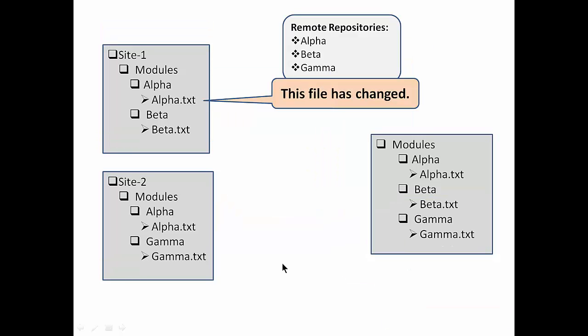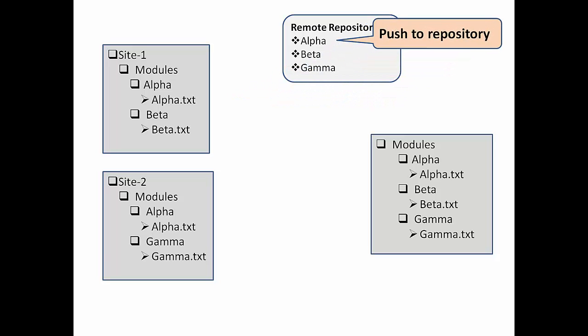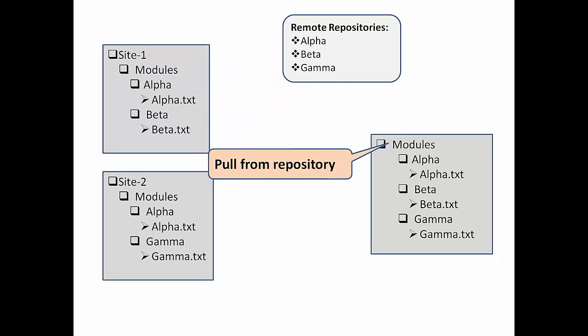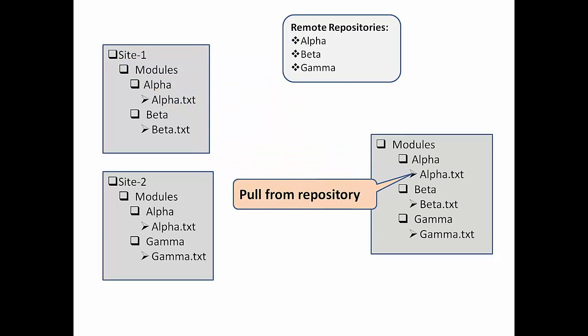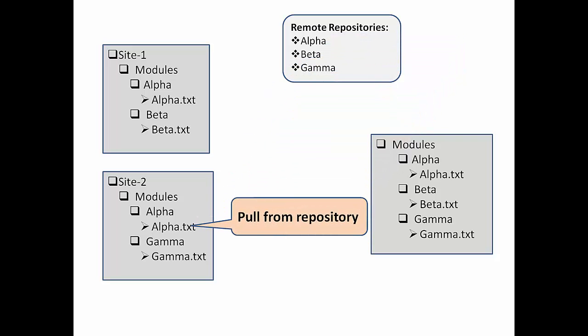Let's walk through an example. Let's say alpha.txt has changed in site 1. We commit the changes, push that change up to the alpha repository in Bitbucket, and then pull it from there down to the modules folder in our modules collection, and if we need to, we pull it down to site 2. So now everybody's in sync.